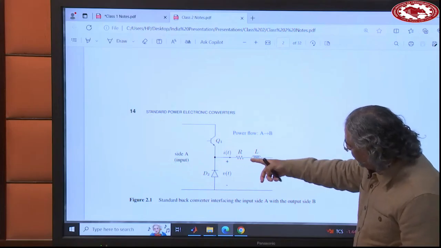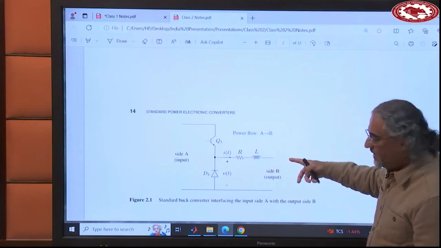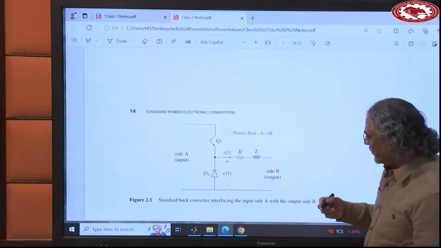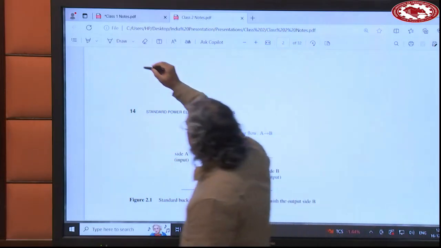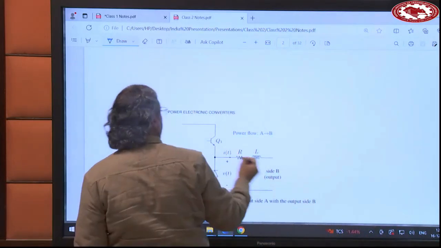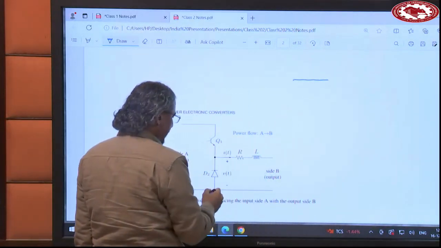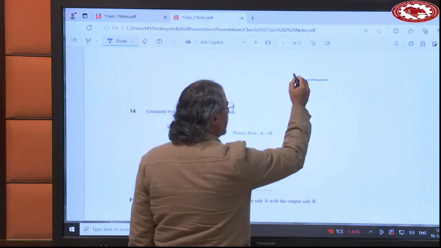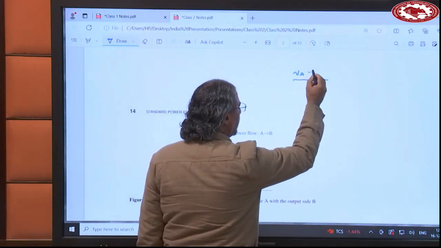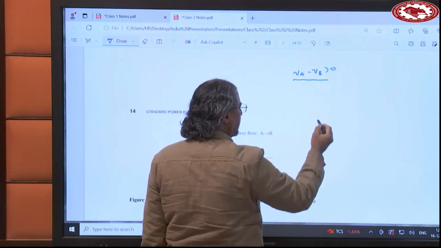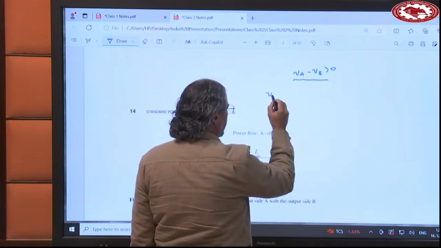So a current will flow in this direction. This is an inductor, so a positive voltage is across the inductor. So let's say this voltage is VA and this voltage is VB. So VA minus VB is positive. So this is V inductor.